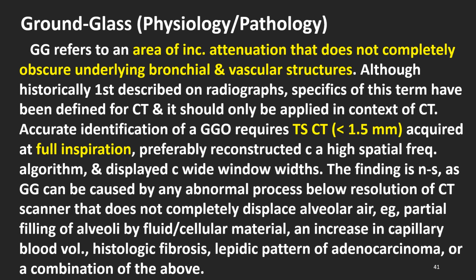The finding is nonspecific, as ground glass can be caused by any abnormal process below resolution of CT scanner that does not completely displace alveolar air. For example, partial filling of alveoli by fluid or cellular material, an increase in capillary blood volume, histologic fibrosis, lipidic pattern of adenocarcinoma, or a combination of the above.